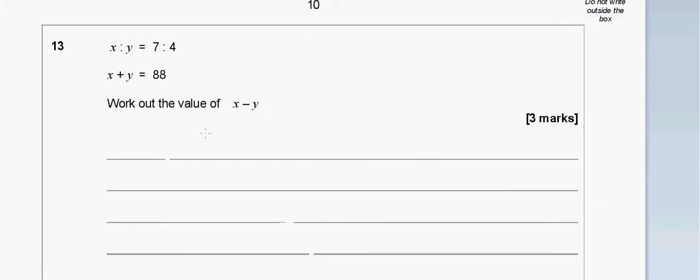Okay, question 13. So x to y equals 7 to 4, that's the ratio, and x plus y equals 88. So 7 plus 4 gives us 11 shares.